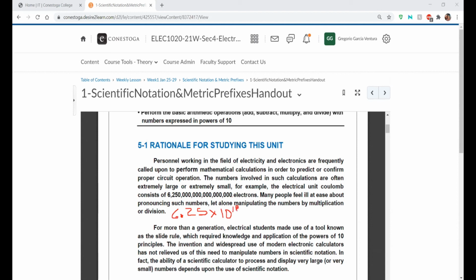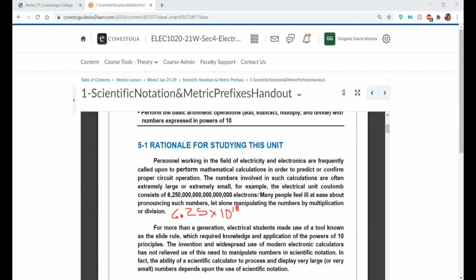And what is that super large number? That is 1 coulomb. 1 coulomb is the amount of charge that you need in order to push 1 amp through a conductor.